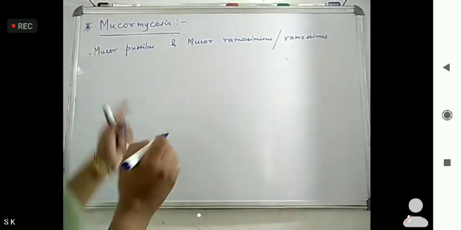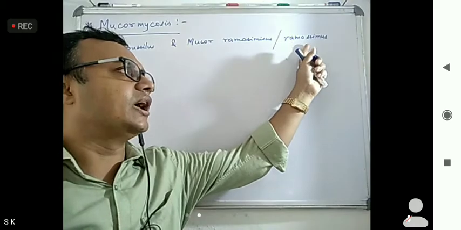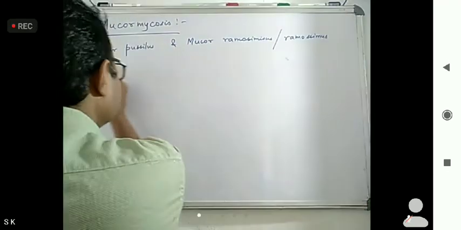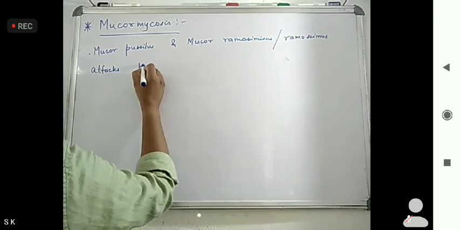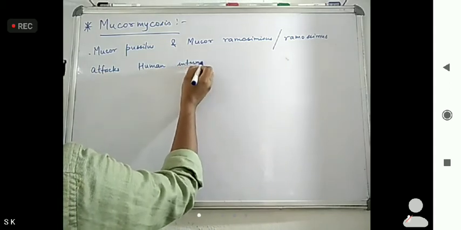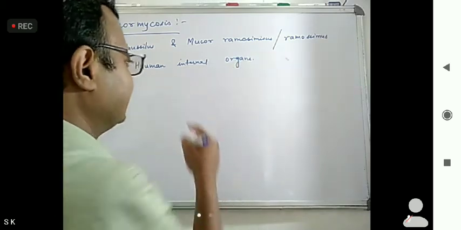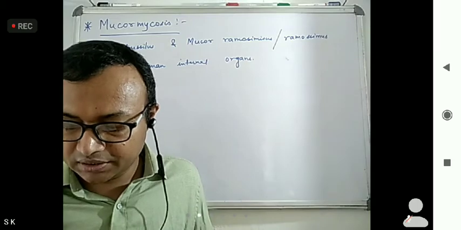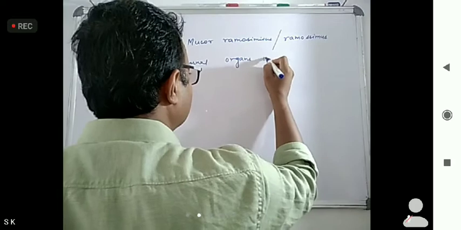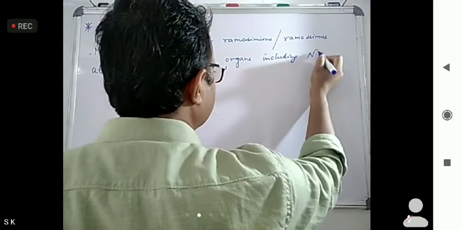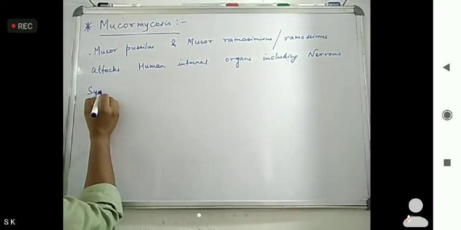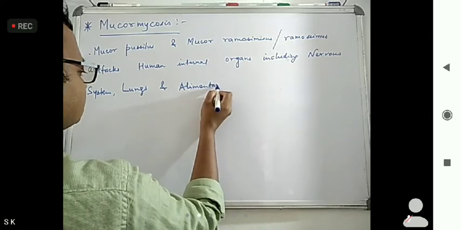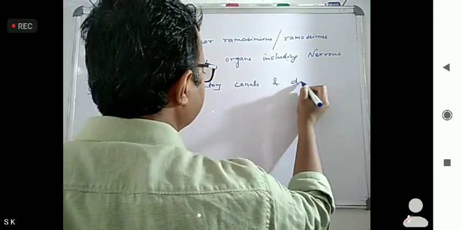Okay, so this Mucor pusillus and Mucor ramosissimus, what they are doing, they attack human internal organs, including lungs, alimentary canal, and nervous system, and damage them.